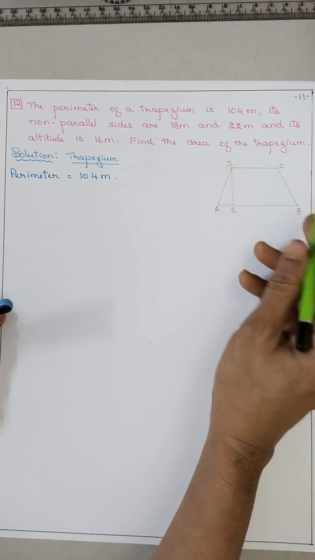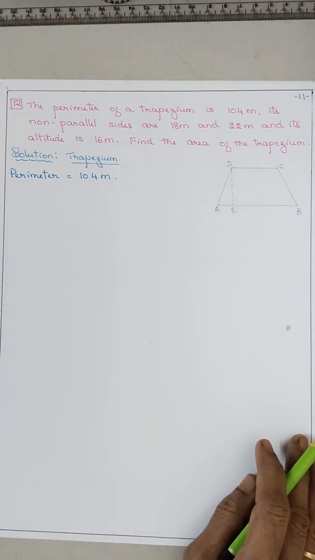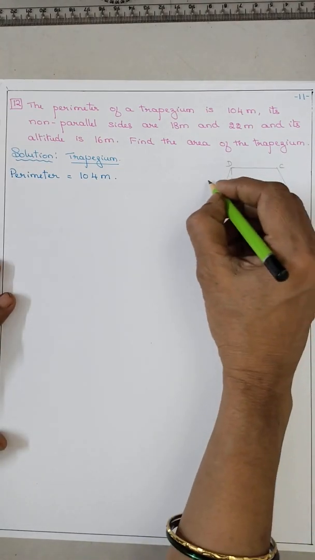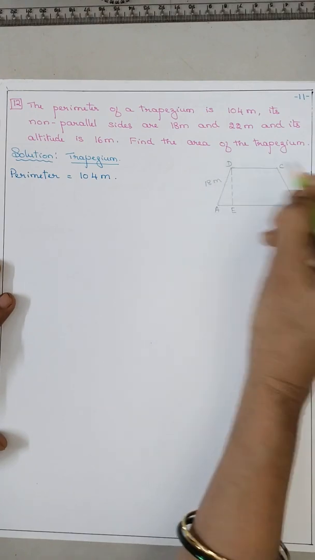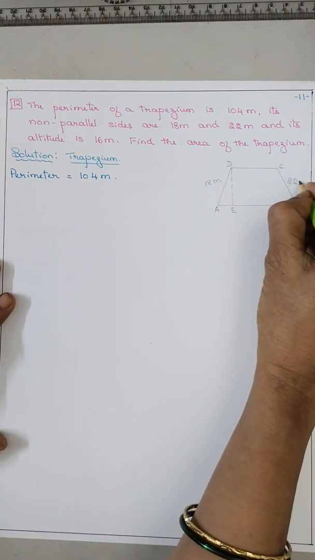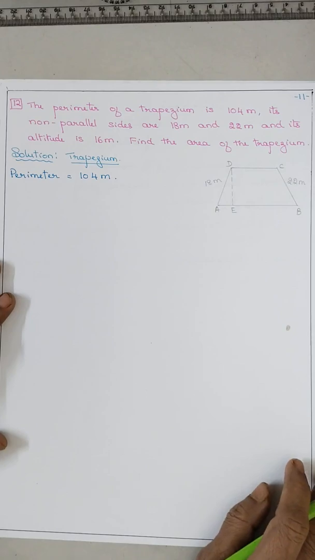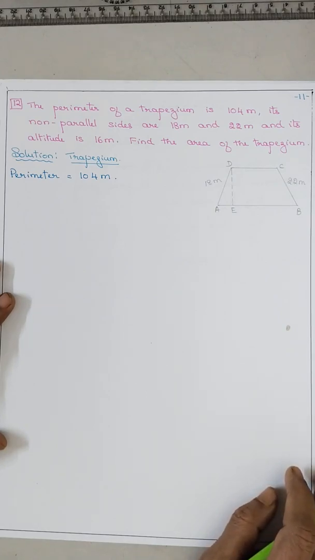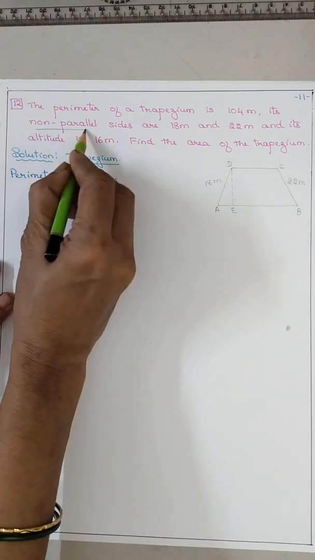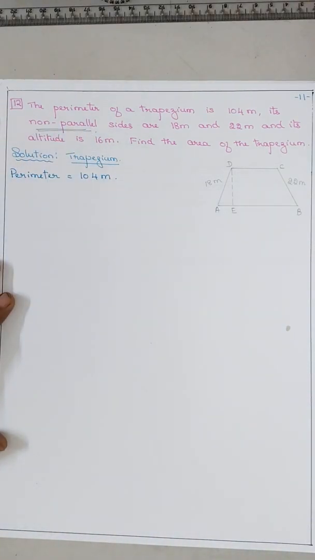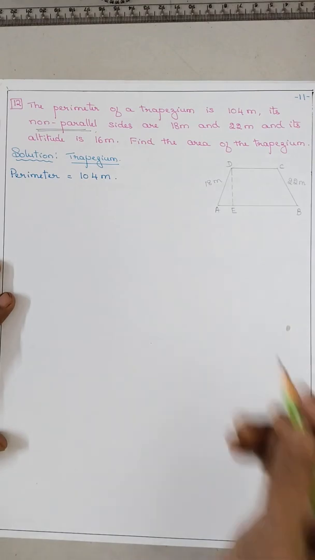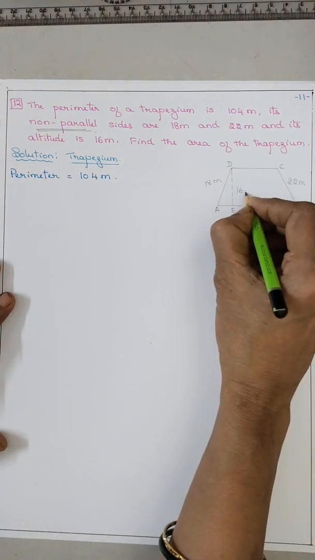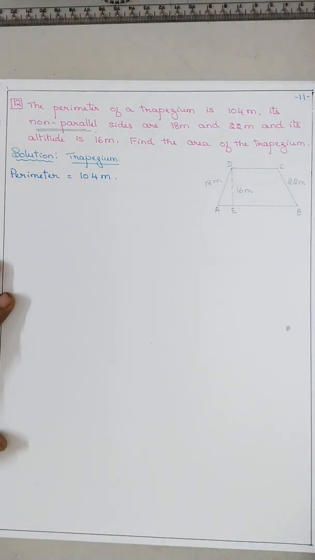Parallel sides are A and B, but they have given non-parallel sides to be 18 meter and 22 meter. Don't put A is 18 and B is 22. Please, it is non-parallel sides. Understand? And altitude is 16 meter. Find the area of the trapezium.